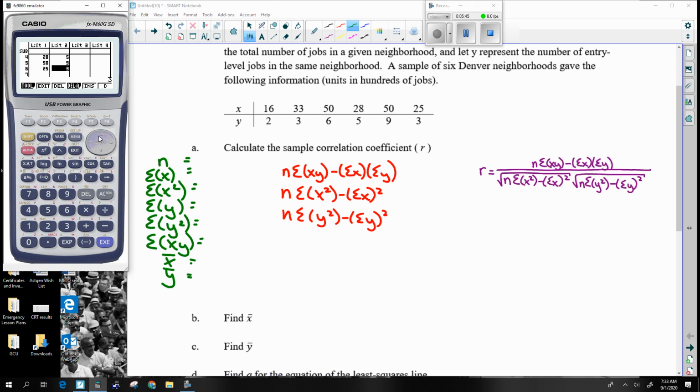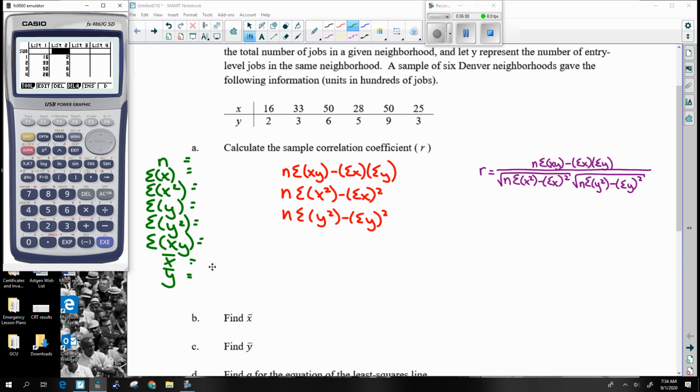When you do this, don't mess with the order. So don't put it in order from small to big or anything like that. You're going to mess things up. So just leave it in order. So like, for instance, the 16 matches up with the 2. The 33 matches up with the 3, that sort of thing.